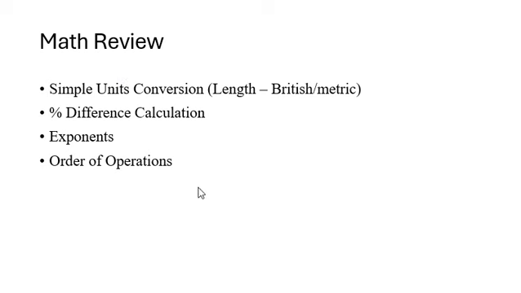Now we're going to come into our math review. We'll get into simple unit conversion. Just a review. We have to know how to go from English to metric, and then metric back to English. Then 10% difference calculation, your exponents, and your order of operations.